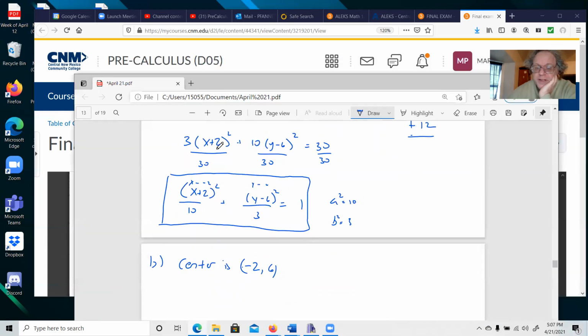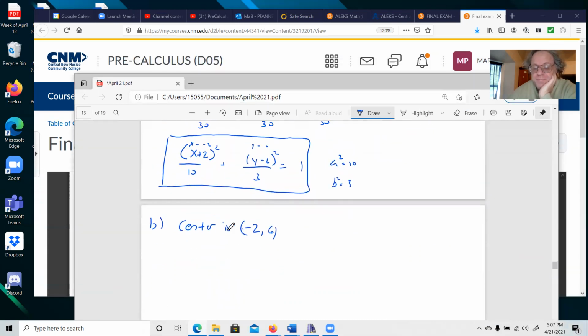What are the endpoints of the major axis? Now remember, it's from the center. So the value we're going to get is from the center. What we're going to do is set x equal to negative 2. What's that going to do for this? That's going to be 0, isn't it?